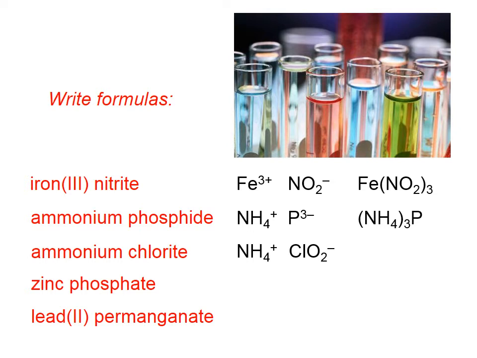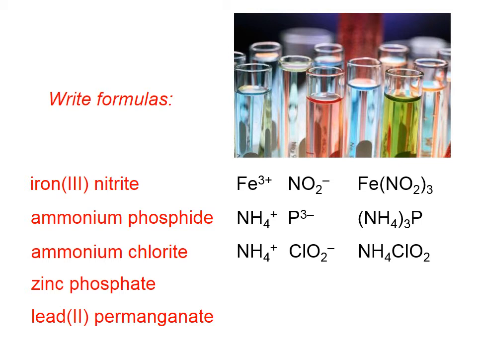So chlorate is ClO3 minus. Chlorite is ClO2 minus. Hypochlorite is ClO minus. So you don't need to worry about changing the charge. The charge always stays the same. It's the number of oxygens. So ammonium chlorite will have that formula, NH4ClO2.